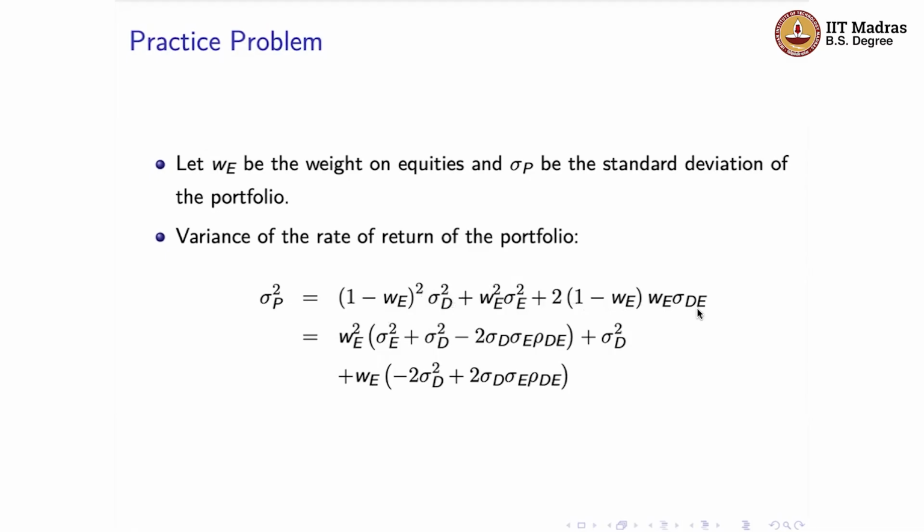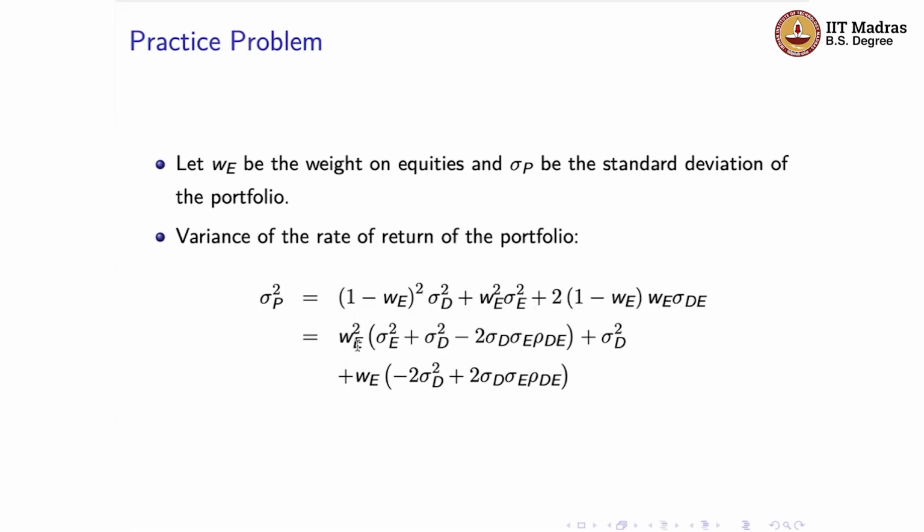Now, we want to rewrite this a bit more cleanly. And the way to do it is to notice that this is a quadratic equation in the WE term, right? So we arrange it so that we collect the coefficients of the quadratic equation carefully.